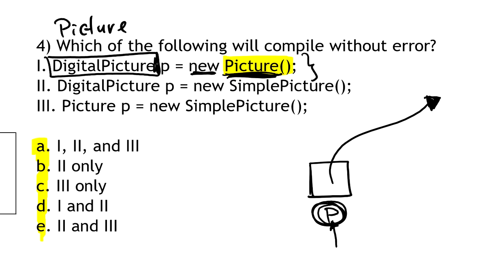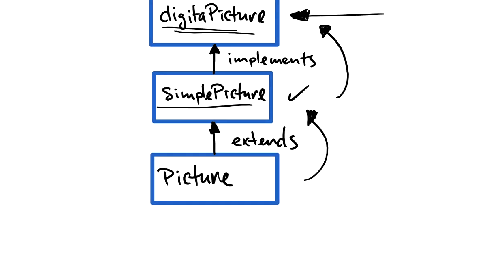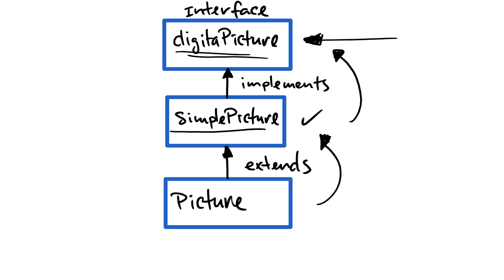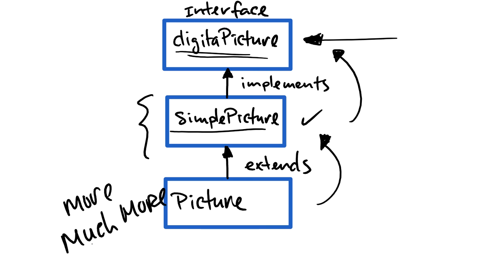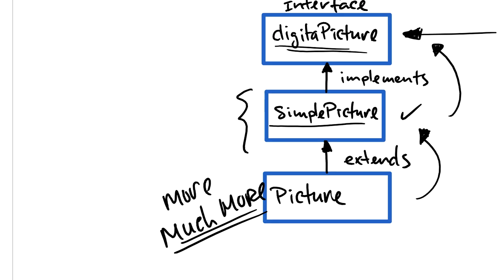If you look at it, it says picture P equals new simple picture, and here's the problem. This picture class extends the simple picture, so it certainly has all the functionality of a simple picture, but it could have more. In fact, it could have much more. And if it has much more, the problem is when we try to access those methods that the picture class adds, simple picture's constructor and all the functionality of simple picture just isn't enough.